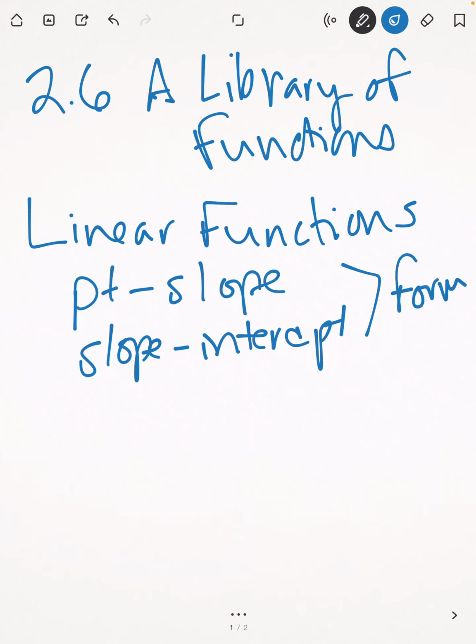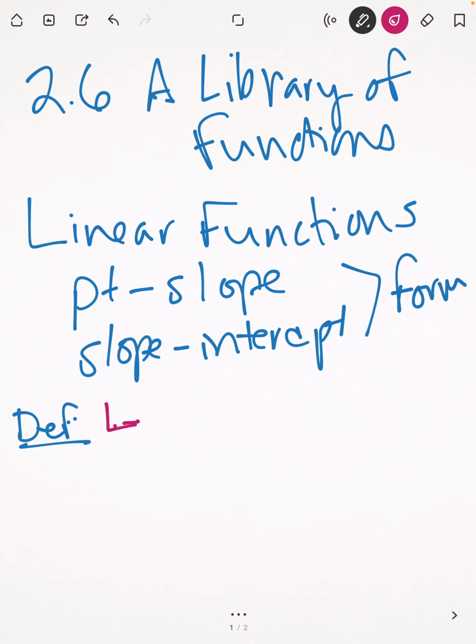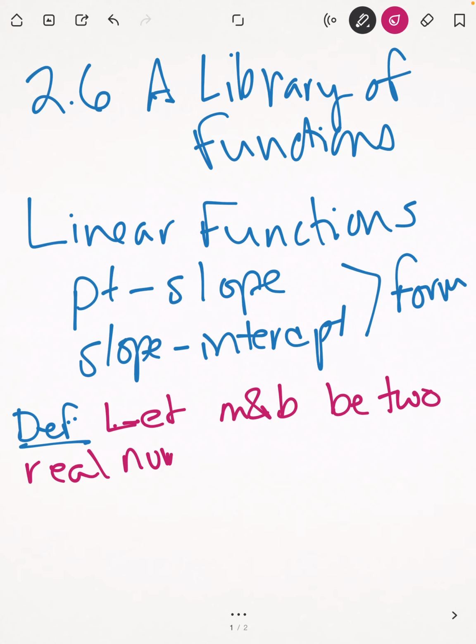For two real numbers, m and b, I'm going to give you a formal definition. Definition: let m and b be two real numbers.